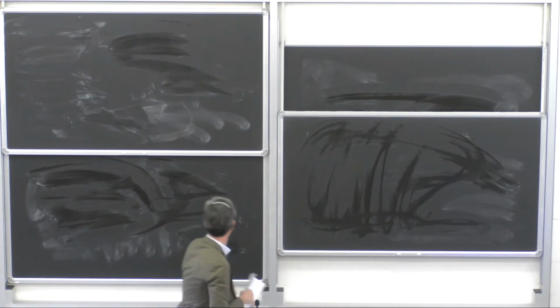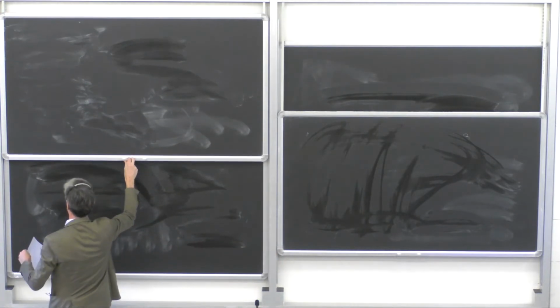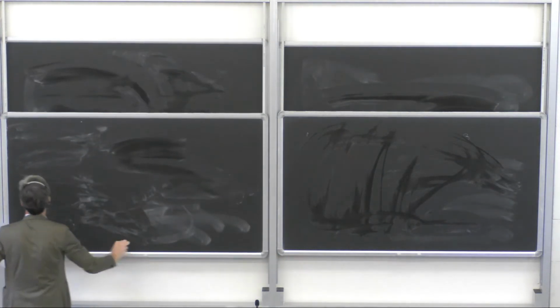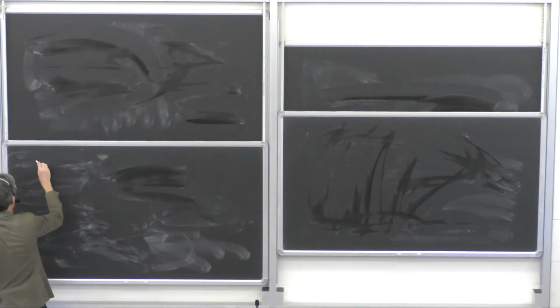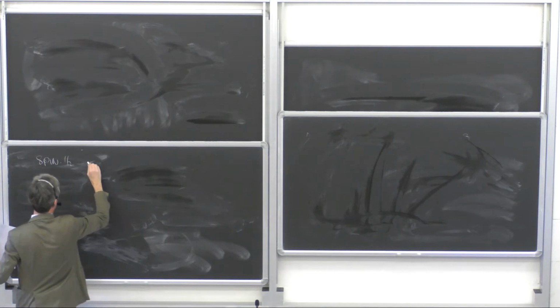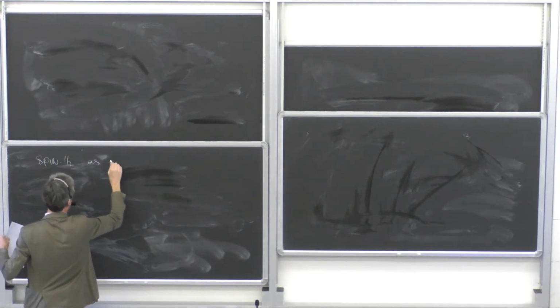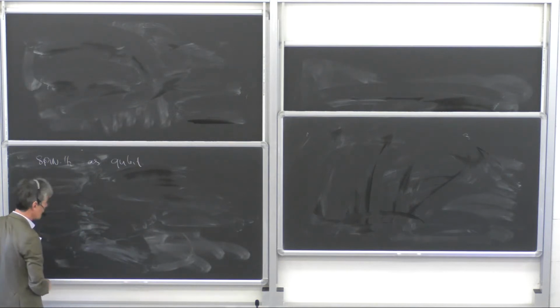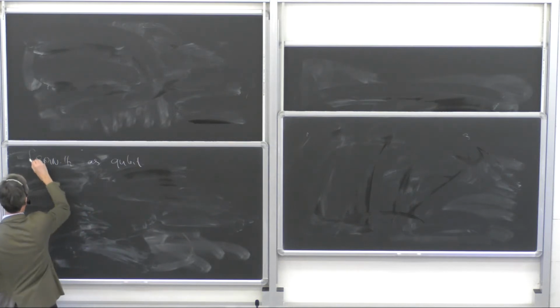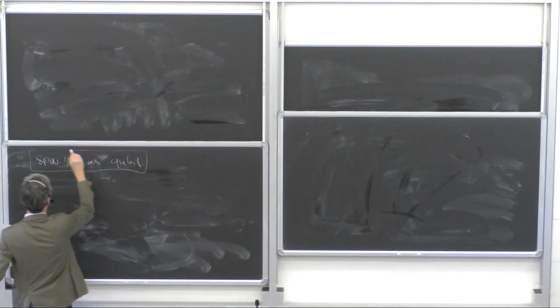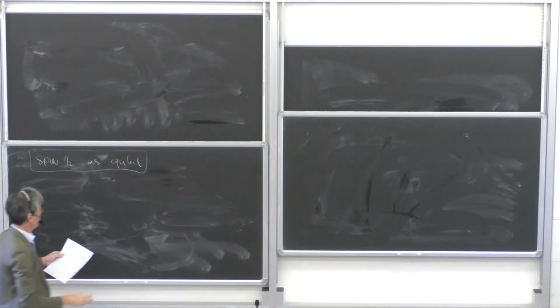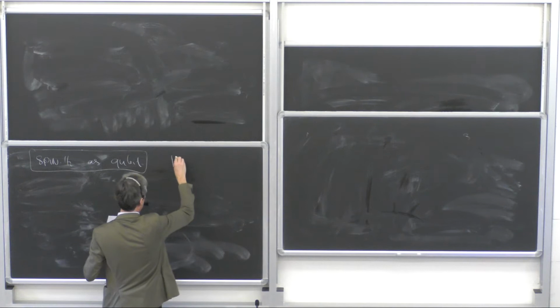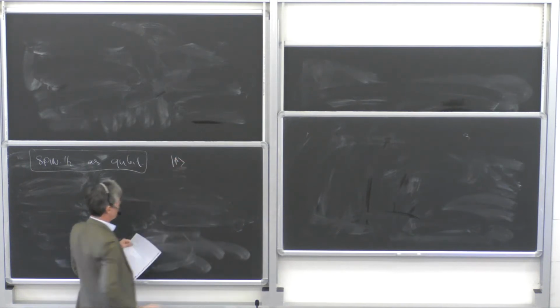Yeah, so next chapter, spin-1/2. Very simple: for spin-1/2, we typically write Sz equals plus or minus h-bar over 2.